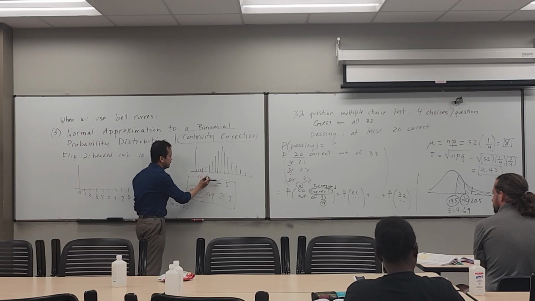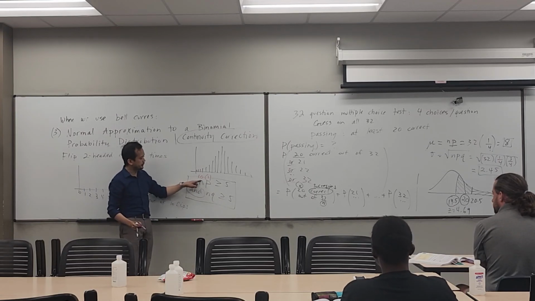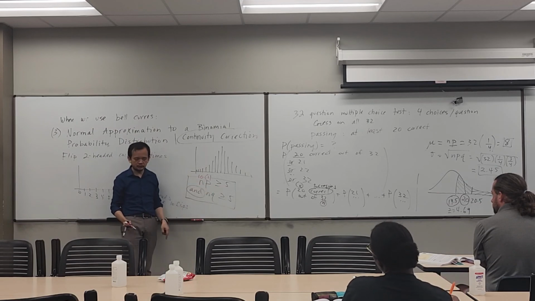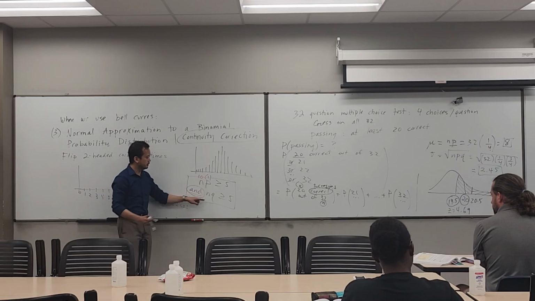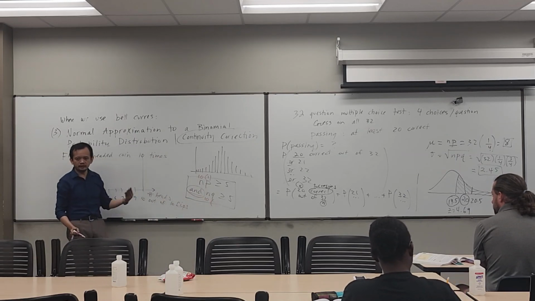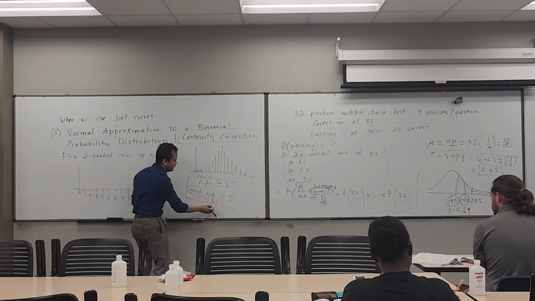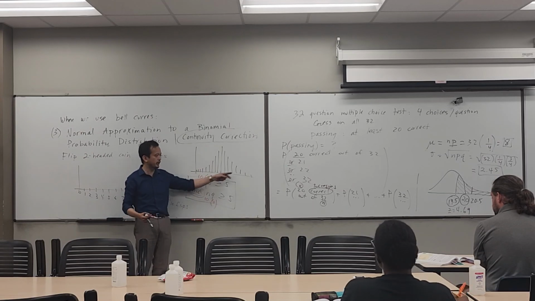So P is going to be 1, the probability of heads is 1. So N times P will be 10, and that's at least 5, so that's met. But the second assumption also has to be met. So N is 10, and then Q, or the probability of non-success, or tails, what's the probability of tails here? 0. 0, yeah.